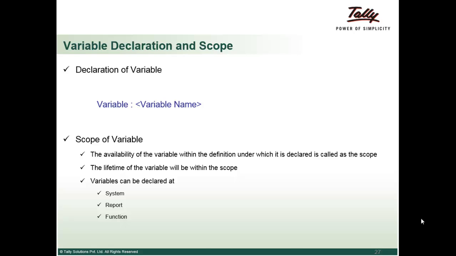And now what we do is, we use that variable, or we can say that we link it to some scope. So that is known as declaring a variable. We do it using variable colon variable name, or there are different ways in which you can declare a variable. So that is called a declaration.